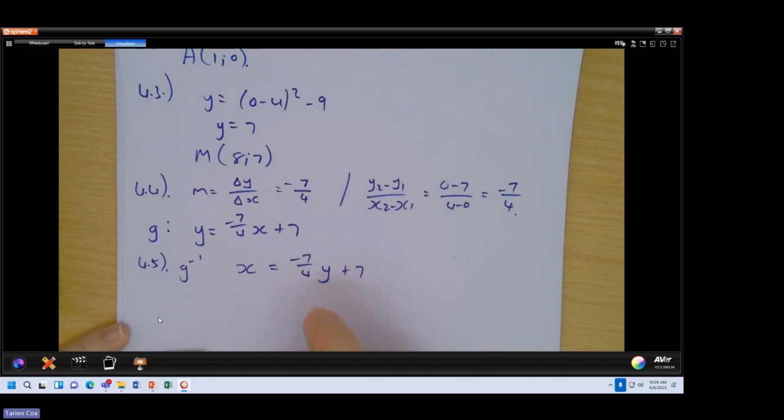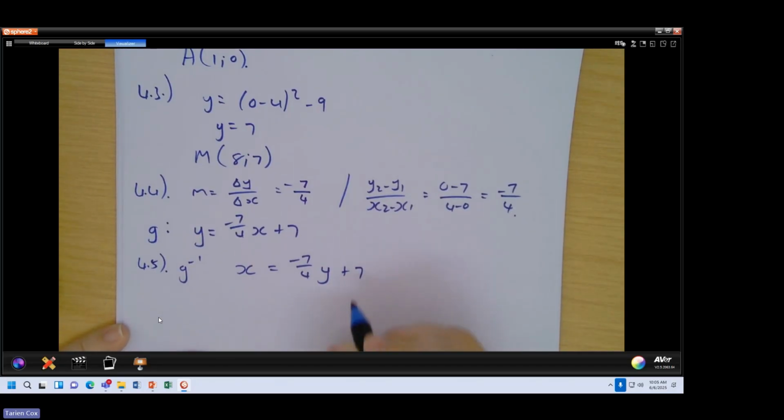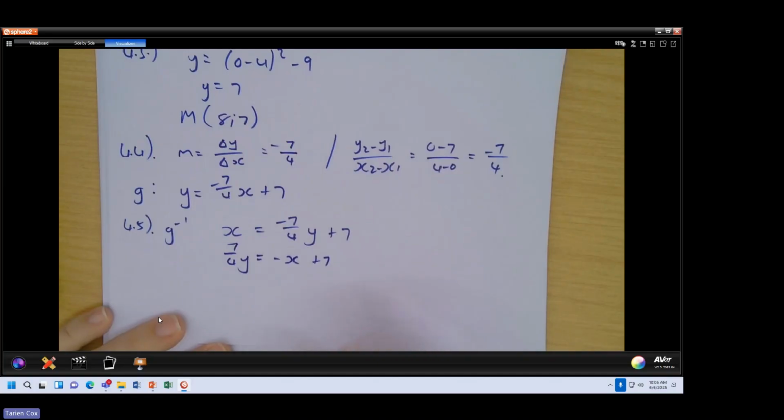So I will isolate and make y the subject again. I'm going to swap these two around to get rid of the negative. So 7/4 y is equal to -x plus 7. Then it's also in a better format, closer to the standard form.